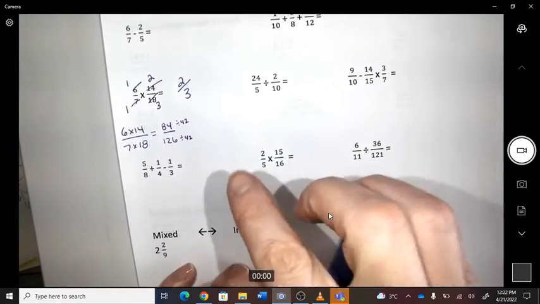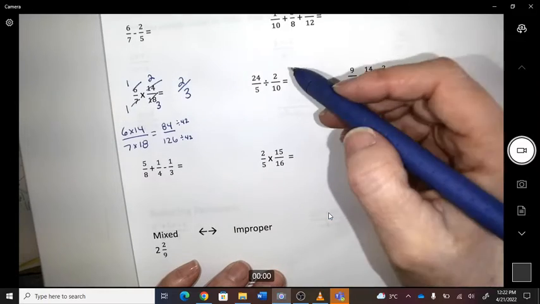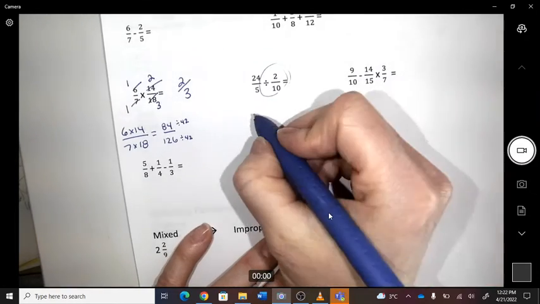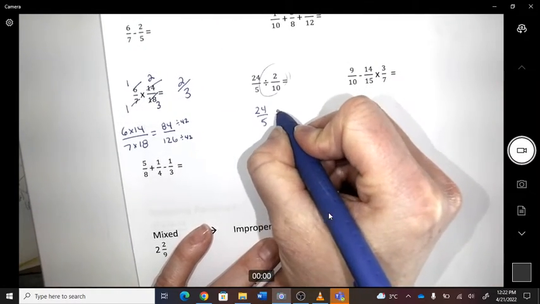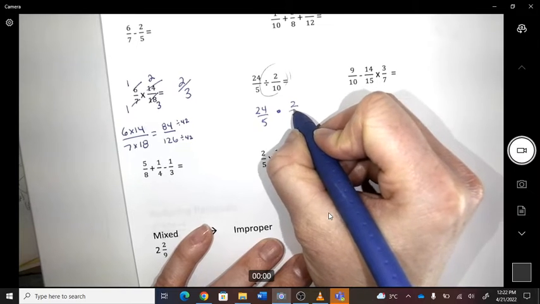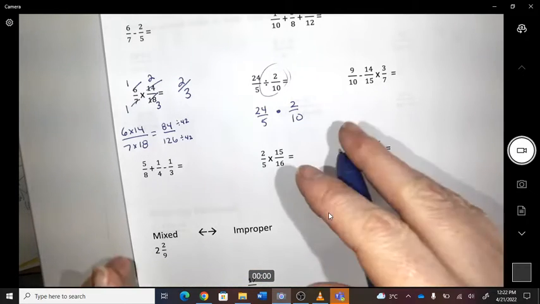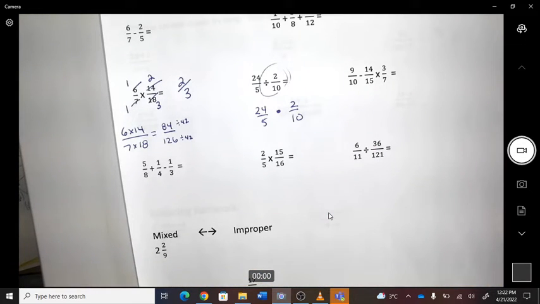Okay, what's the big idea when you divide fractions? Remember the big idea when you divide fractions? Multiply and flip. Okay, dividing by 2/10 is the same math as timesing by 2/10. So I could go 48 over 50, I could write that, but I'm going to look for stuff that reduces first.